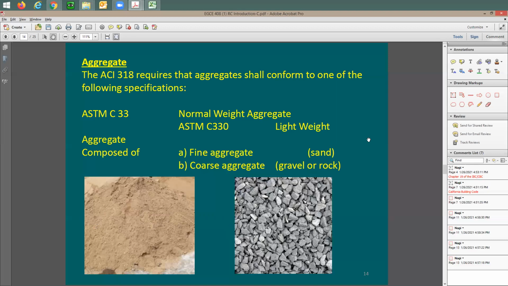In many cases, you'd like to reduce the weight of the building. And what's the importance of this? You know that any structural member is supposed to resist its own weight plus some additional load that goes on top of it. For example, if you have a beam or an elevated concrete slab, this slab is supporting its own weight plus the weight of the components above it plus some live load.